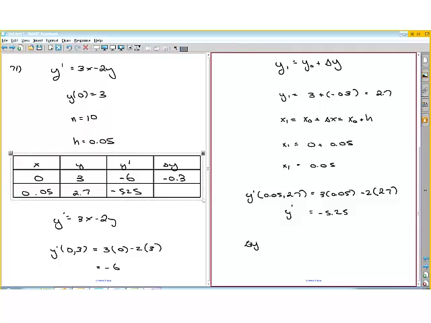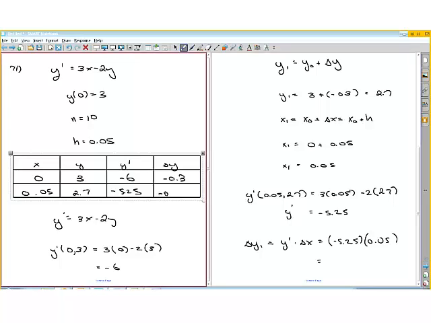And then we calculate delta y. Delta y at step 1 is equal to y prime from the previous calculation times delta x. And so we get -5.25 times delta x, which still stays the same. That doesn't change. So we get -5.25 times 0.05.